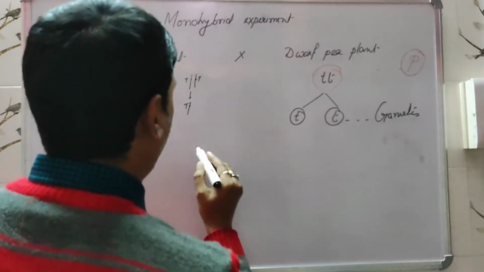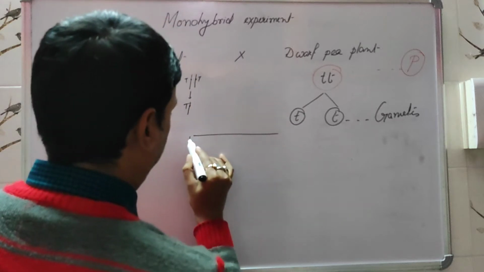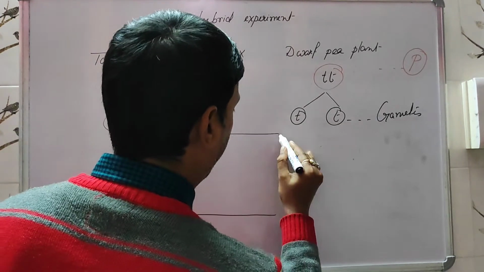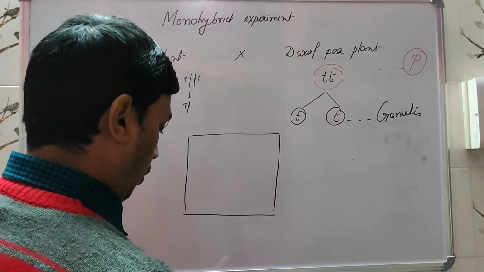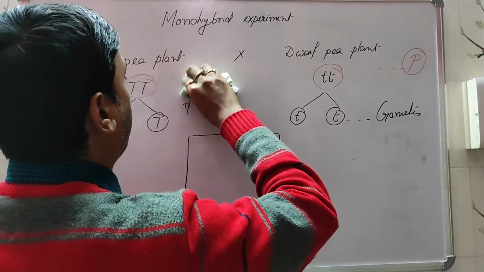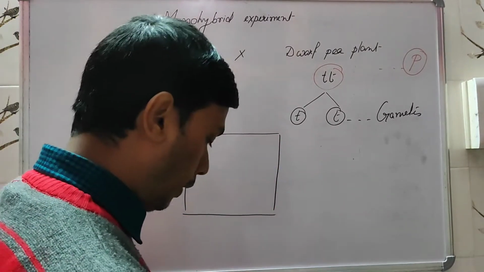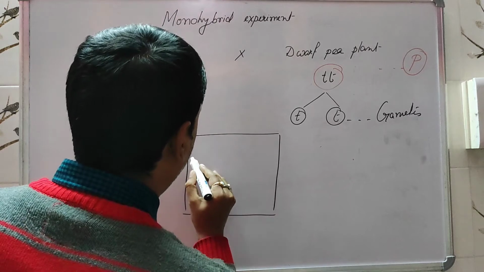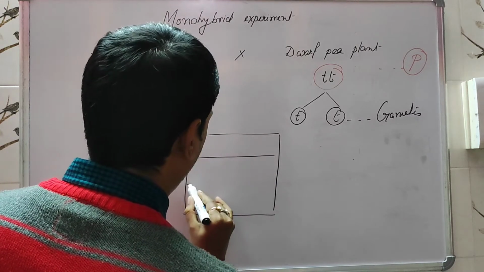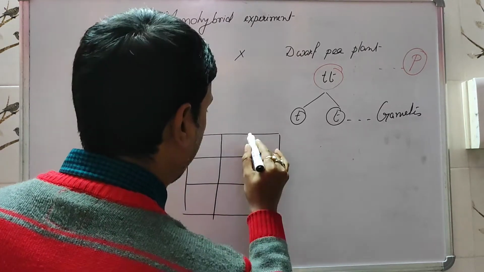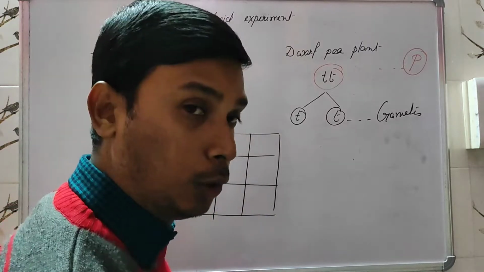And now we need to make a Punnett square. Let's erase this part. We need to form the Punnett square in this way.